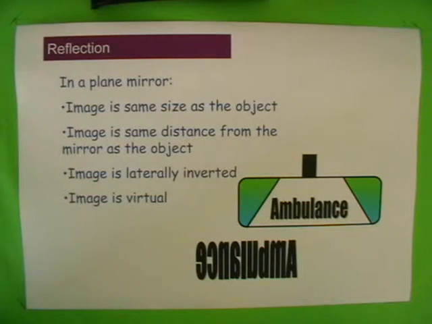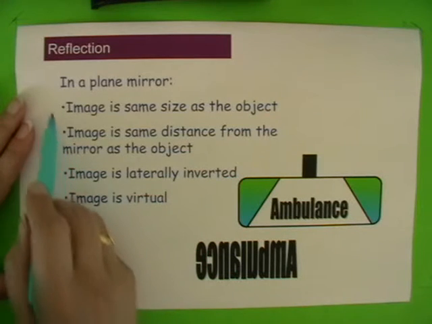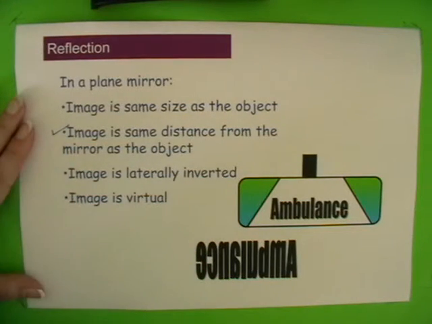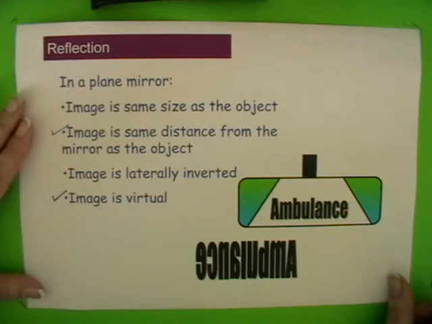Now we will do some further work in a few slides' time about these properties in terms of the image being the same distance from the mirror as the object and the image is virtual. Not only do you need to know these facts, but you need to be able to prove them with a diagram, which we will look at later.